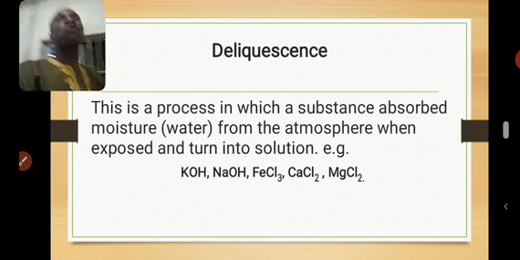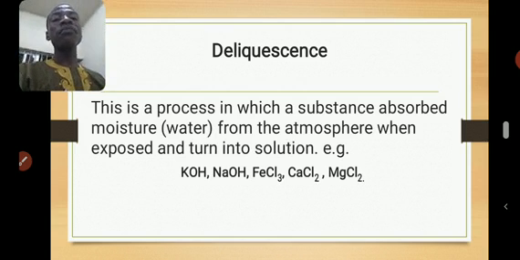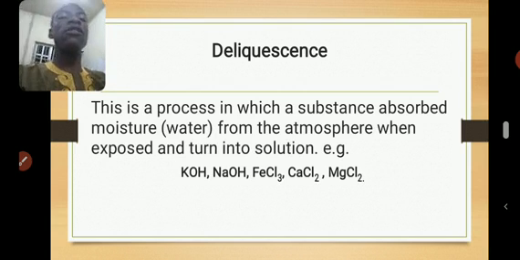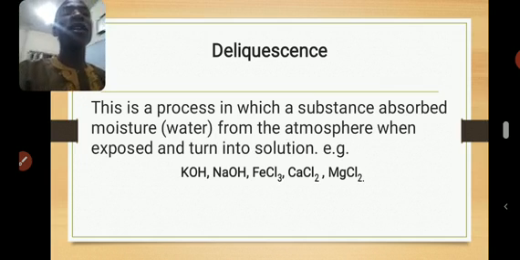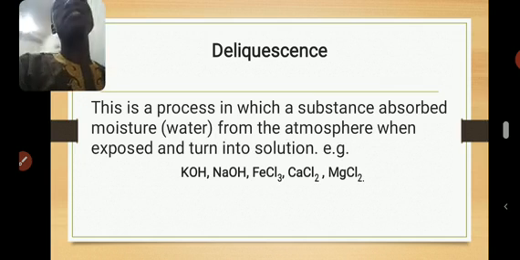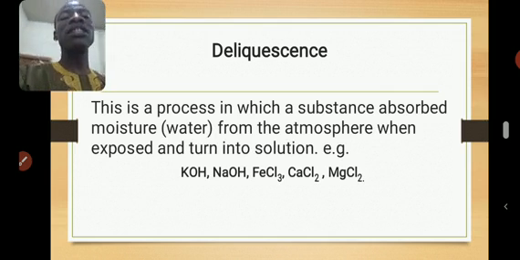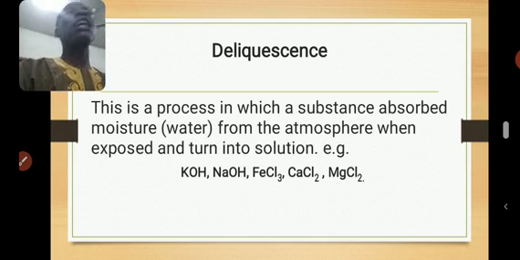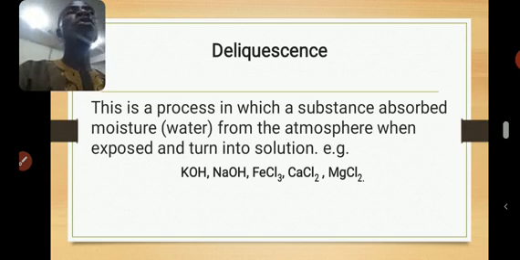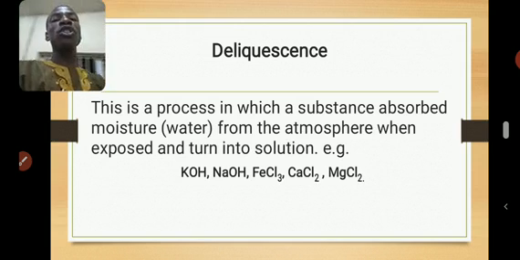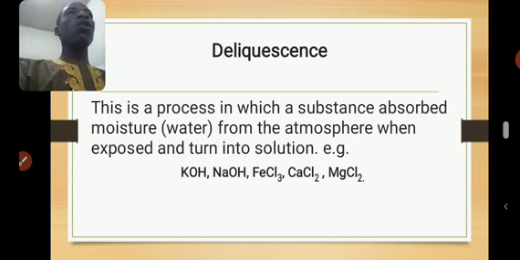So the type of salt that undergoes this phenomenon is called deliquescent salt. Salt that when exposed to the atmosphere absorbs water and forms a solution in it. You call them deliquescent salts.